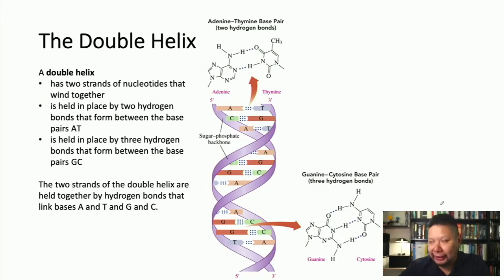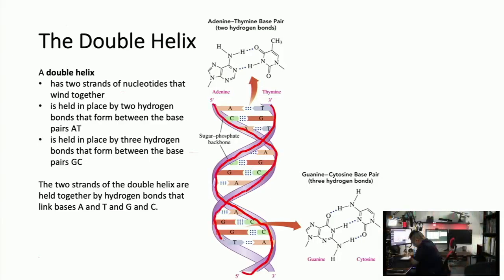So let's talk about the double helix that I keep on mentioning, right? The double helix is 2 strands of DNA that wind together in a double helix shape. And notice 5' end on that side, 3' end on that side, 5' end on this side, and 3' end on this side, right?